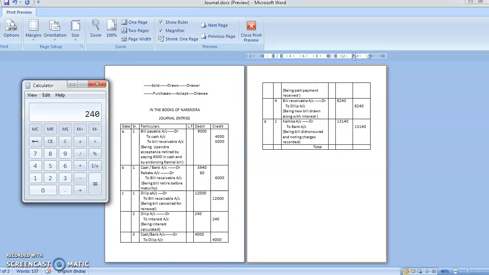Yes, now see, first is 9,000. The second one is 5,940 plus 60. The third one is 12,000. The fourth one is 240. The fifth one is 4,000. The sixth one is 8,240. The seventh one is 13,140.